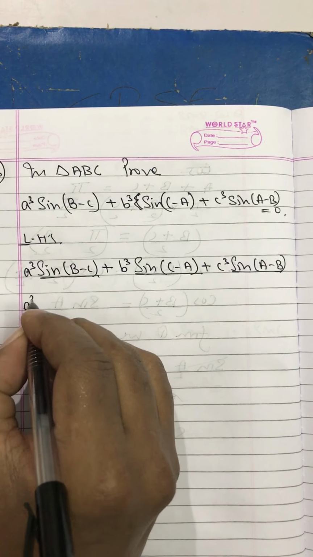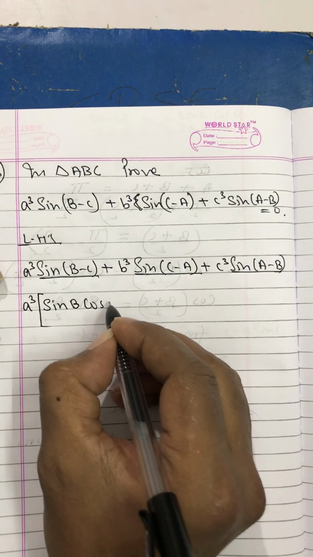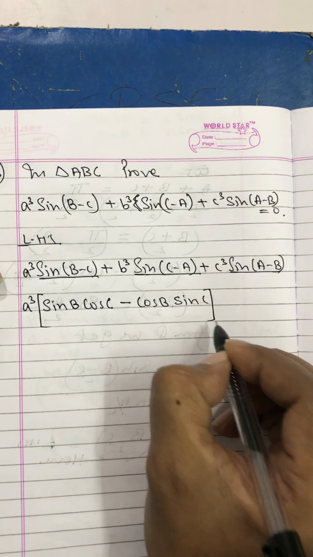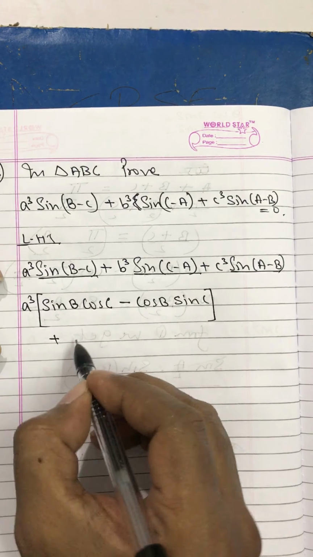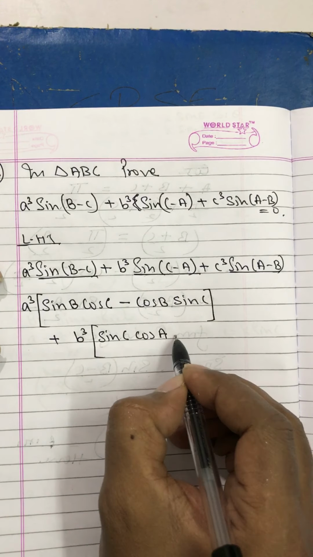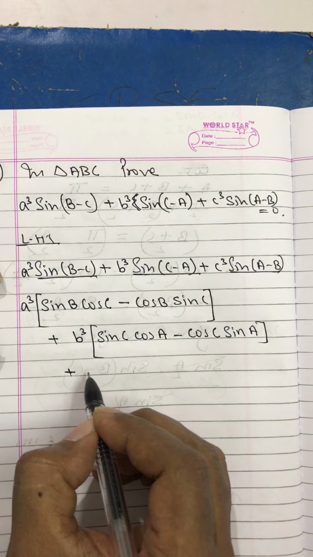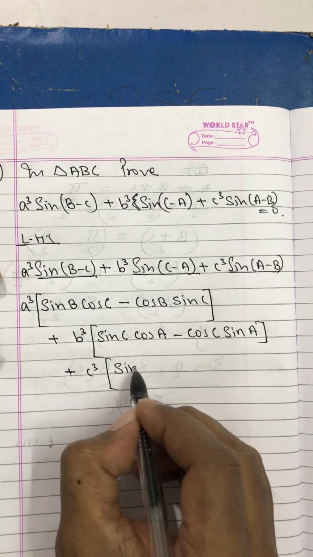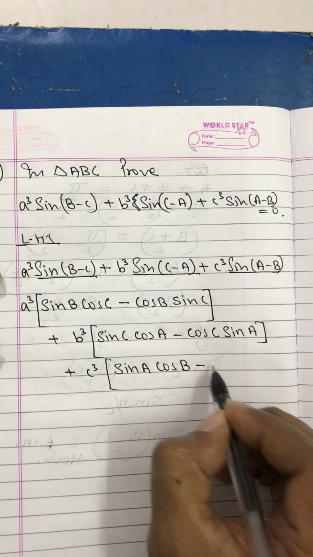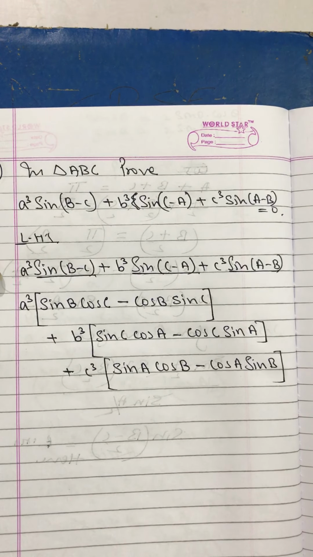So A cube will stay as A cube, sine (B minus C) will become sine B cos C minus cos B sine C, plus B cube times sine C cos A minus cos C sine A, plus C cube times sine A cos B minus cos A sine B. This is what we have got.